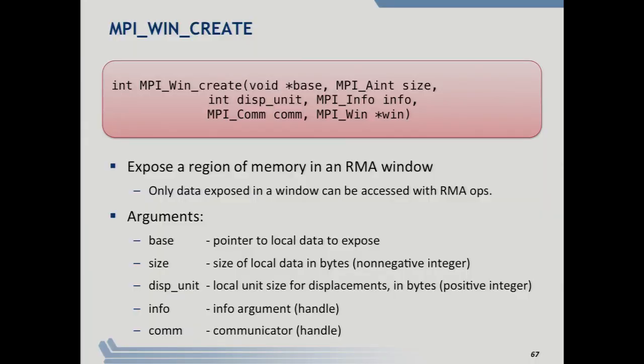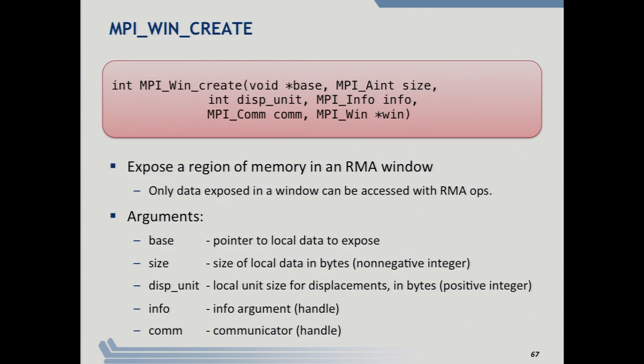If you're using this block of memory on which you're going to do one-sided operations as, for example, a big array of integers, then that displacement unit should be the size of an integer, because then your offsets are essentially enumerating the count for that integer. If it's more complicated, then you use a displacement value of 1, and then all the offset units are bytes.